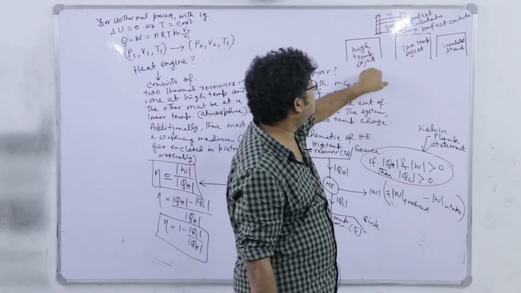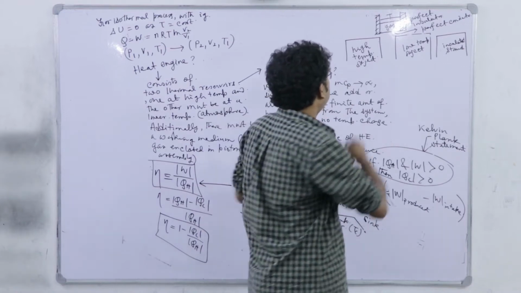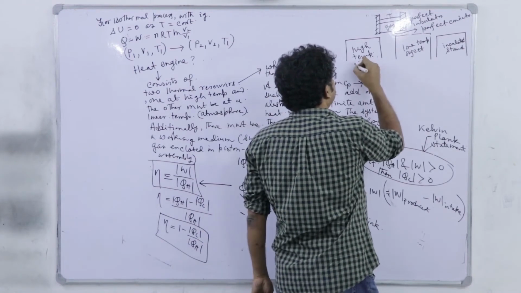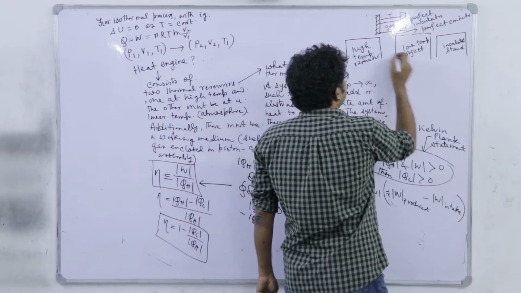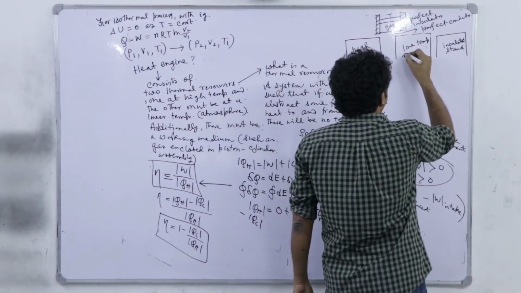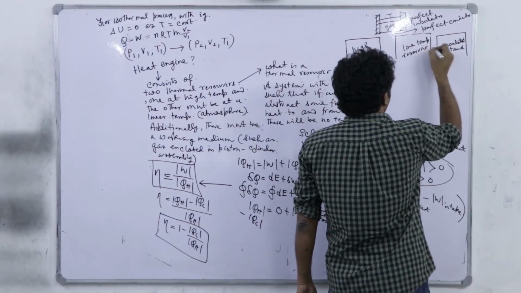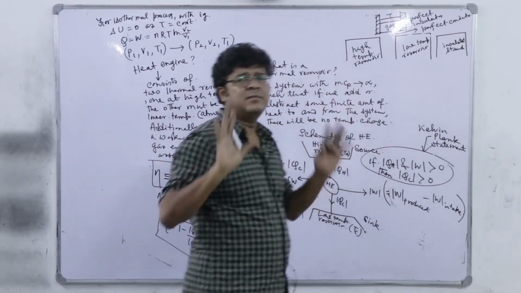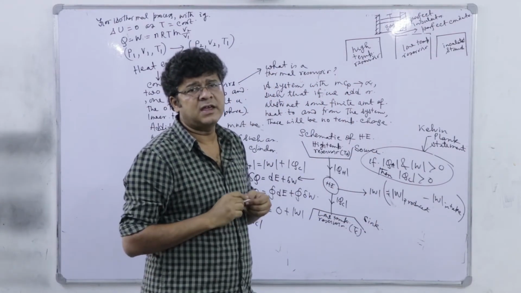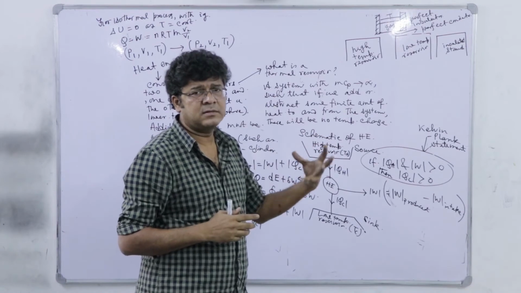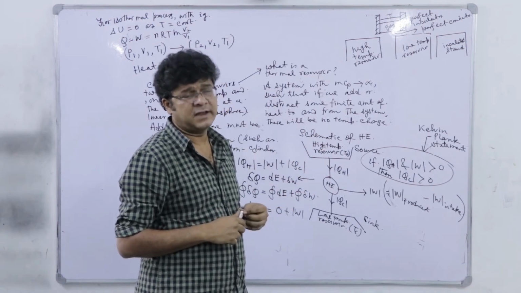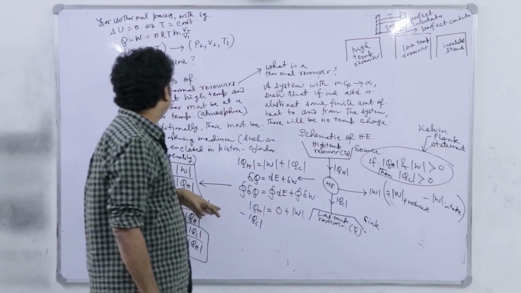One high temperature reservoir, not object, let us write reservoir, low temperature reservoir, and an insulating stand. That is sufficient to think of the elementary structure of a heat engine, right.